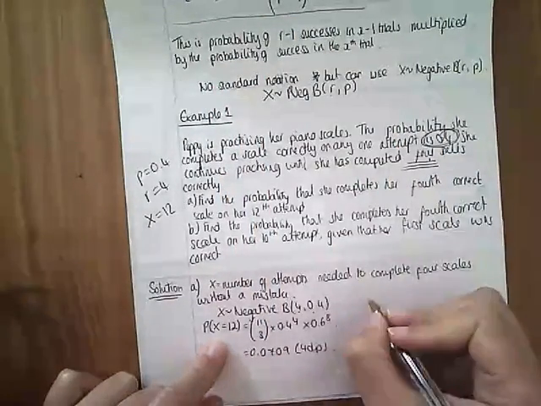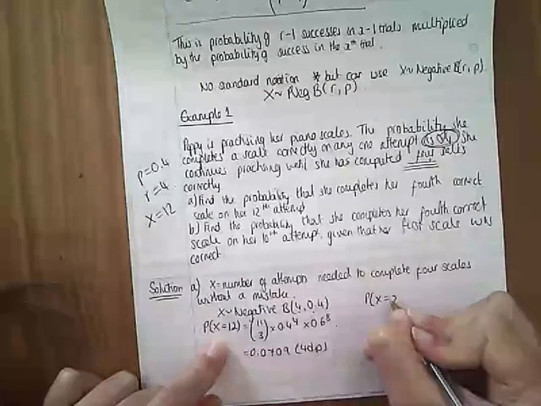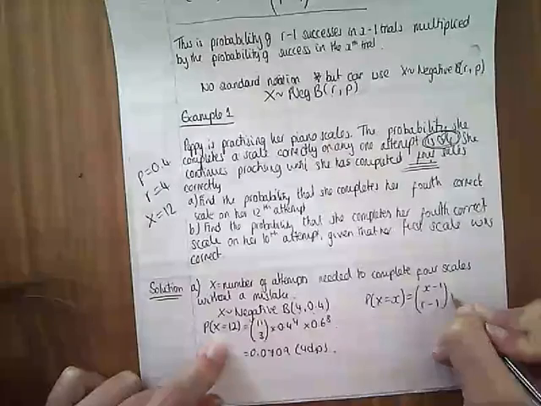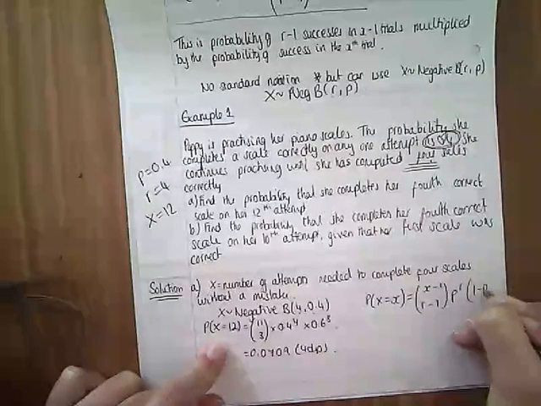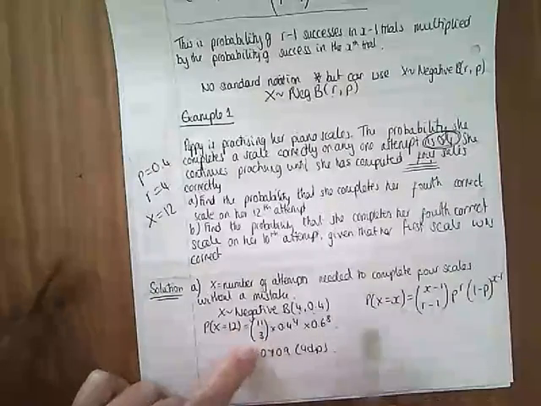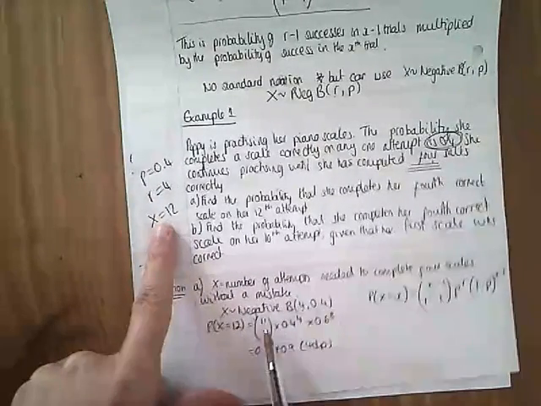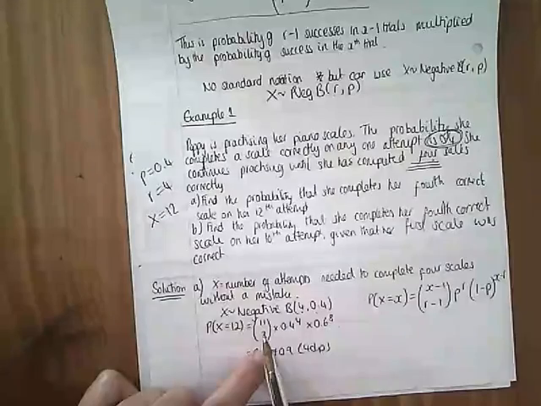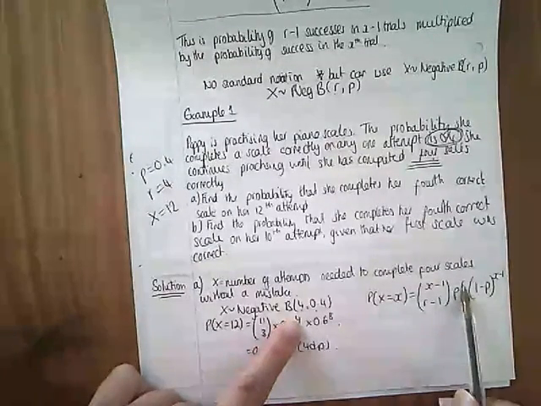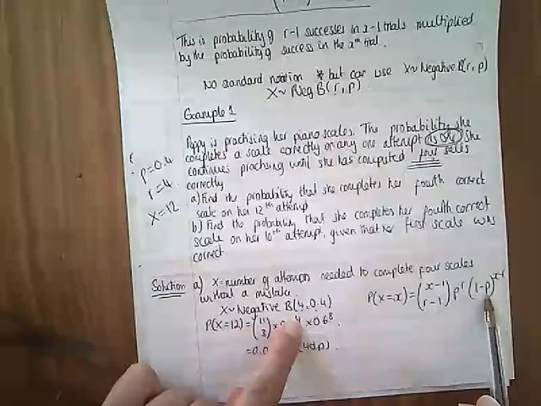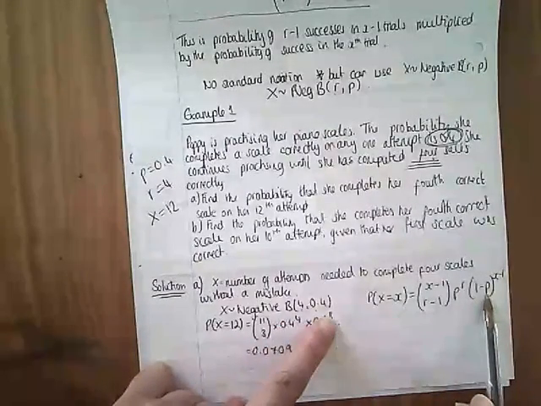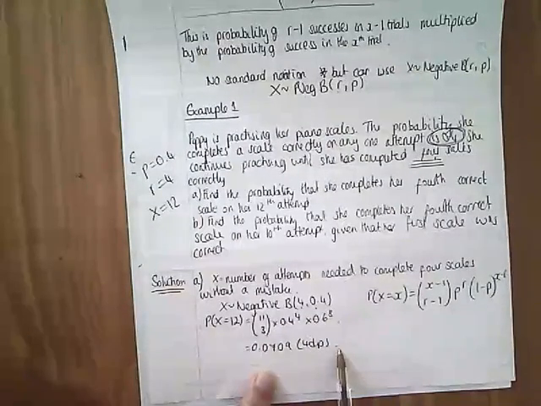Okay, the formula up here, just to remind you, is x minus 1 choose r minus 1, that's our choose function, times p to the power of r, times 1 minus p to the power of x minus r. Okay, so R is 4, X is 12, so we've got 11 choose 3, times our probability, which is 0.4, to the power of our R, which is 4, times 1 minus p, which is 0.6, to the power of 12 take away 4, 8. And you can chuck that in there. Okay?